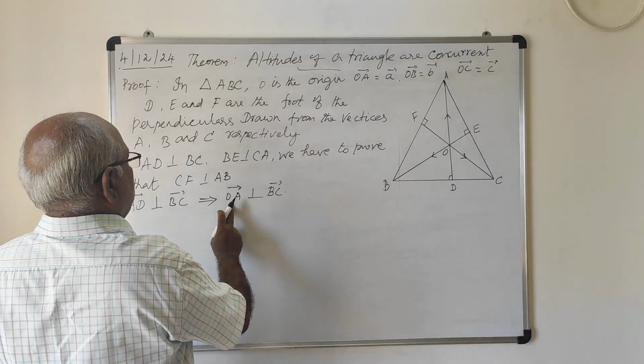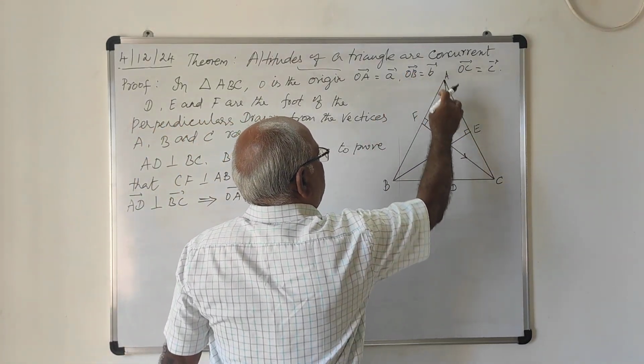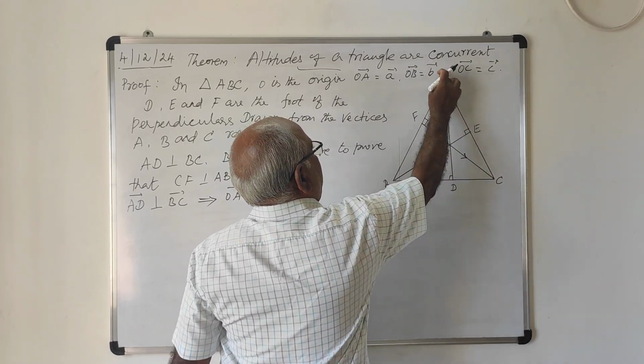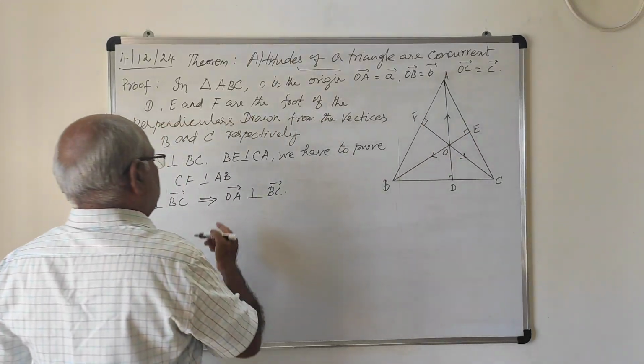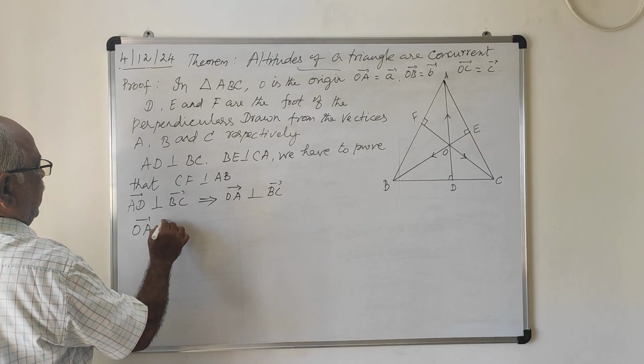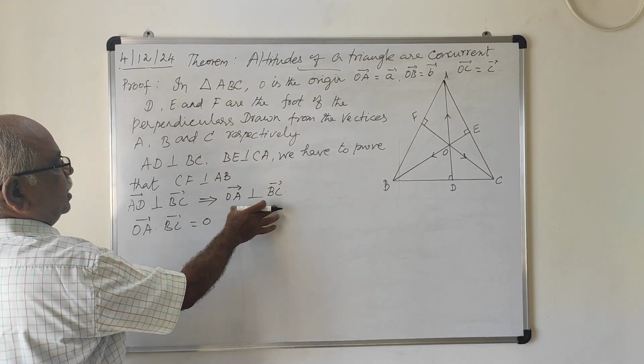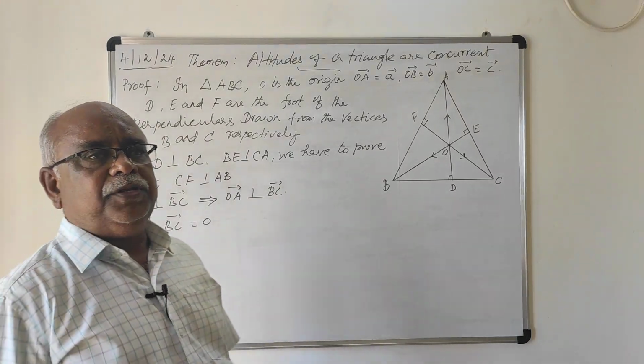Now, since AD is perpendicular to BC, and OA is also on the line AD, therefore OA is perpendicular to BC. OA perpendicular to BC implies OA dot BC equal to 0, because since these two vectors are perpendicular, the dot product is 0.